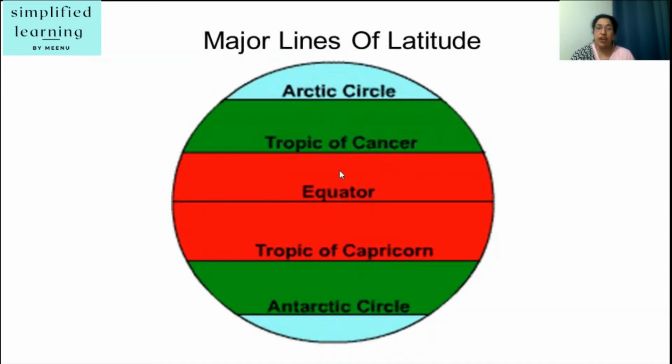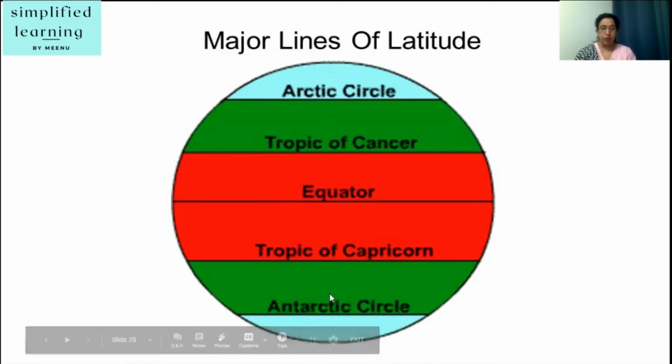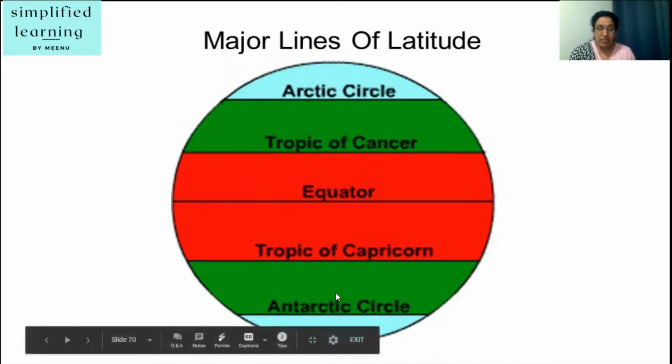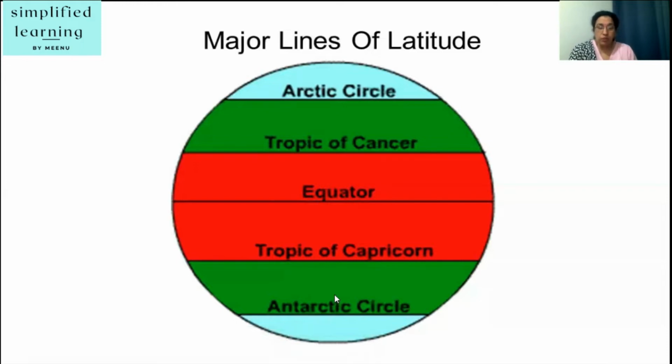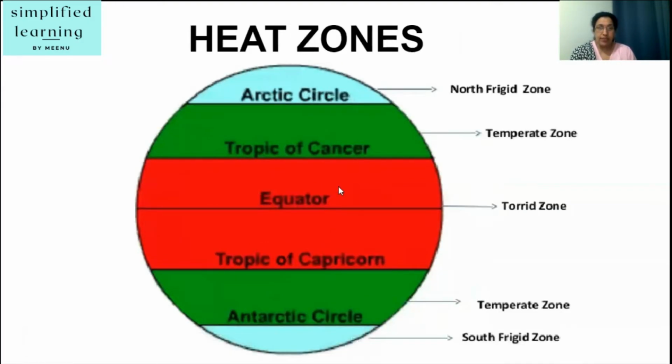Because they divide the Earth into different heat zones. There are three distinct heat zones or temperature zones on the surface of the Earth, divided on the basis of the heat received from the sun. They are the torrid zone, temperate zone, and the frigid zone.